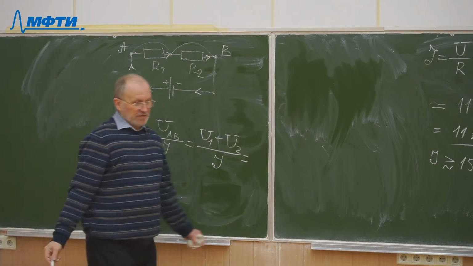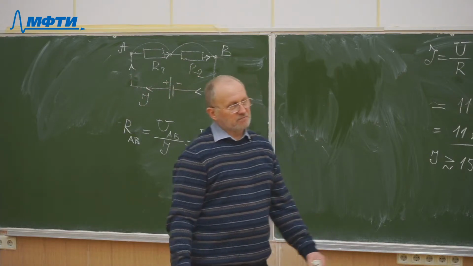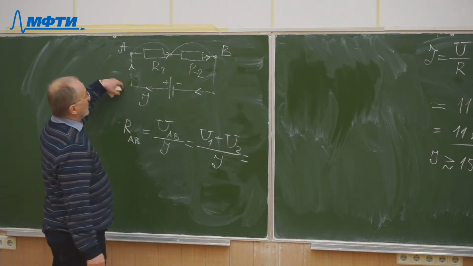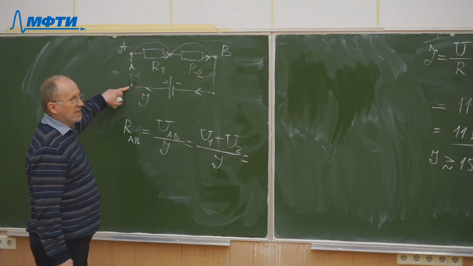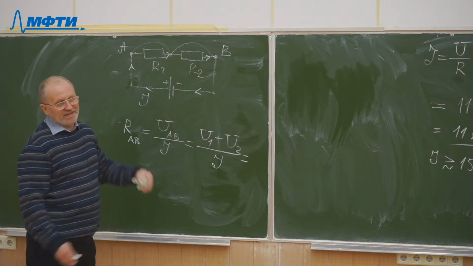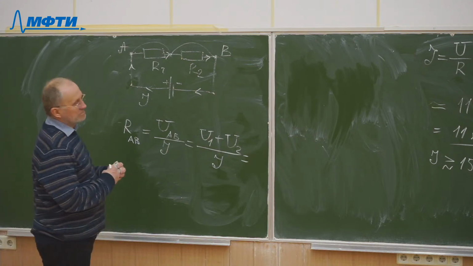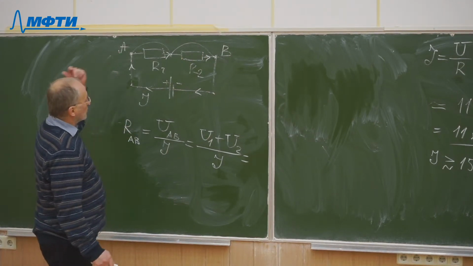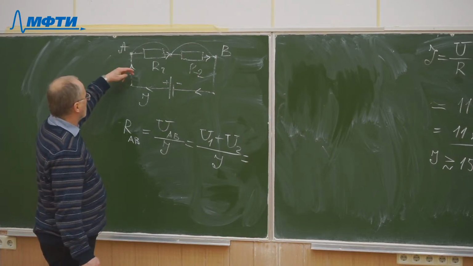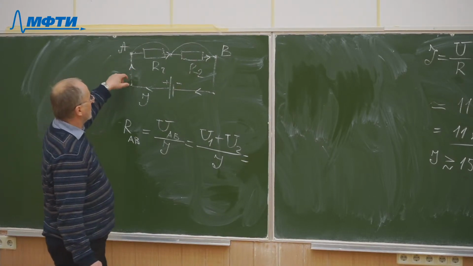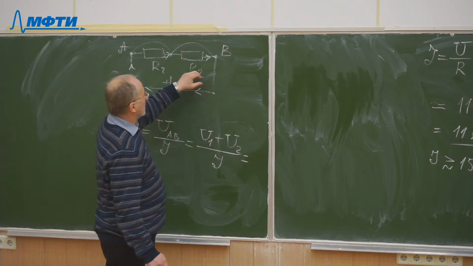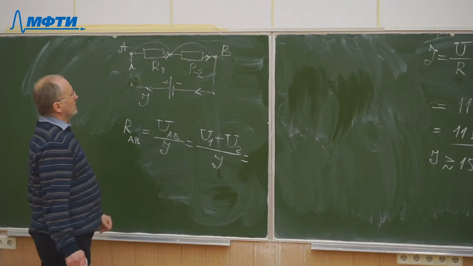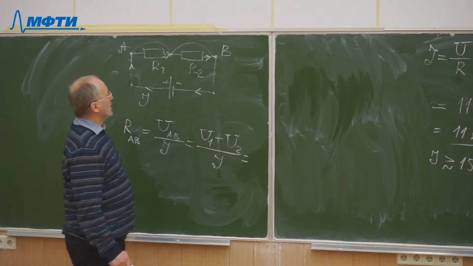Because the current is the directed movement of electrical charges, and we have the law of conservation of electrical charges. The charges do not vanish, and the charges do not appear from nothing. So the number of charges that go through a unit time at this point must be equal to the number of electric charges that move through the wire during the same time interval in any other point.